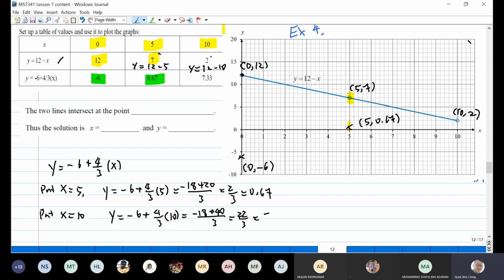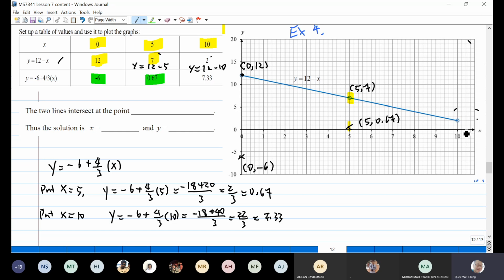Then you get 7.33. So where is it now? This is 5. So there's a point here. This point here is 7.33.